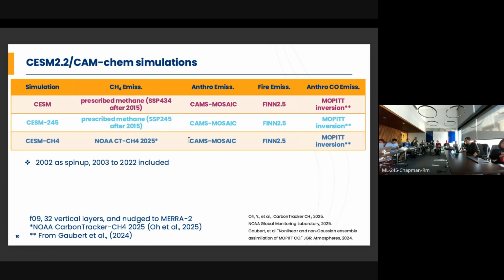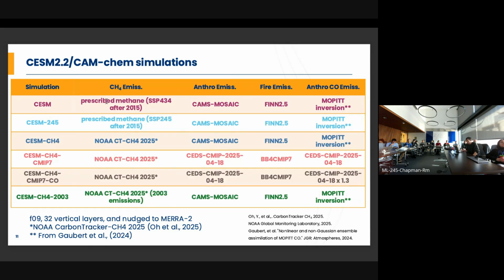and we updated the anthropogenic emissions to CAMS Mosaic, which include updates over China and the US to have better trends, and we're still using the posterior CO from the previous study and FIM 2.5 for fire.